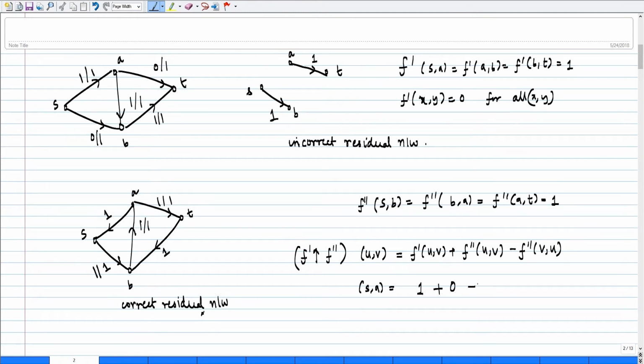So this is 1 minus 0, which is 1. So the augmented flow along this edge continues to be 1 unit.